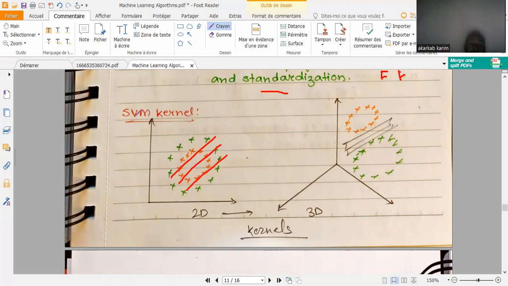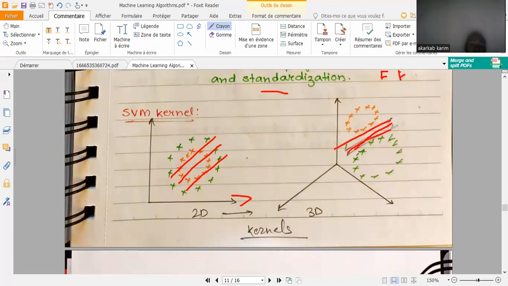That's where the support vector machine kernel comes in. The data is not linear, so we need to go from 2D to 3D. We add other dimensions to make the data clearer, and after that we apply the support vector machine.